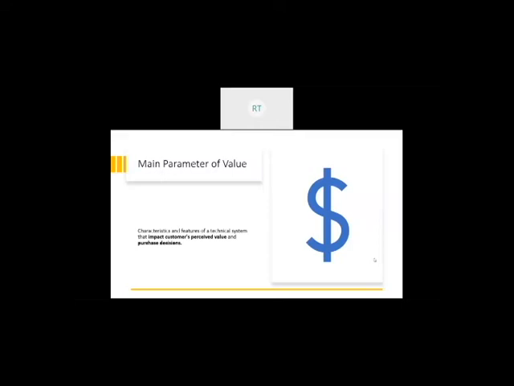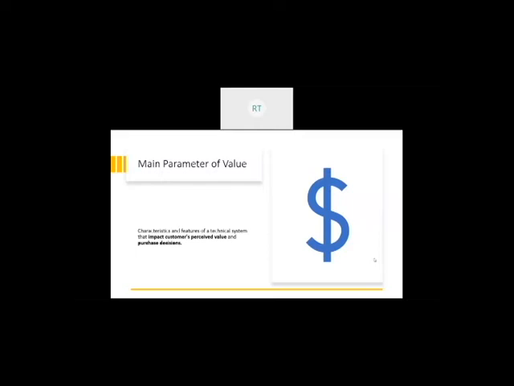what exactly is the difference between a USP, or unique selling proposition, and the main parameter of value from the TRIZ terminology. I know quite a few of you would be having this doubt in your mind.